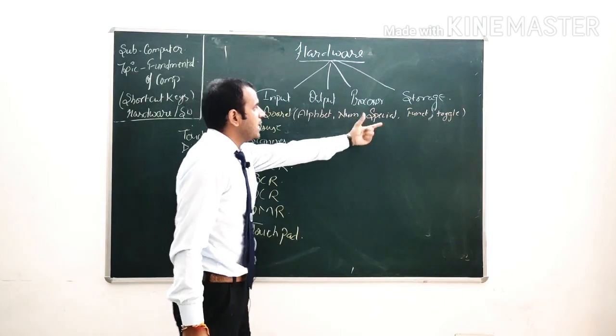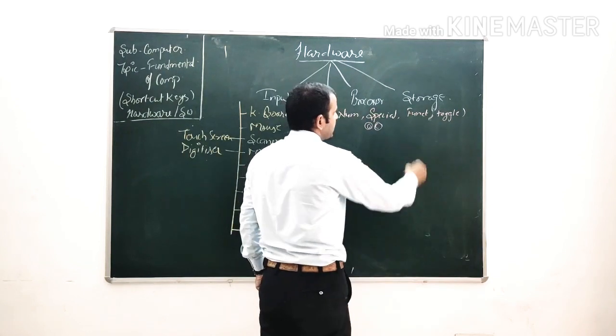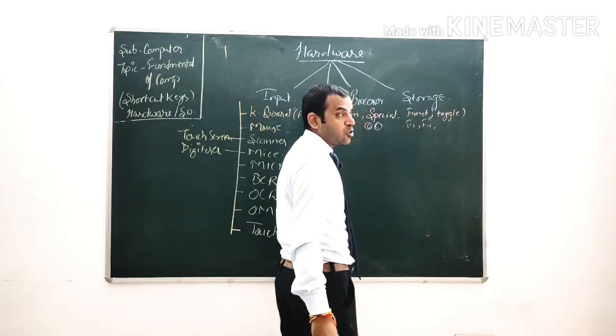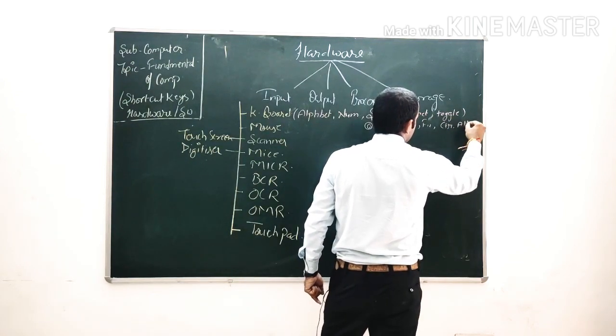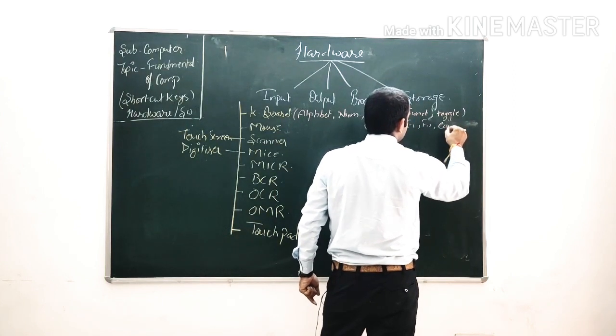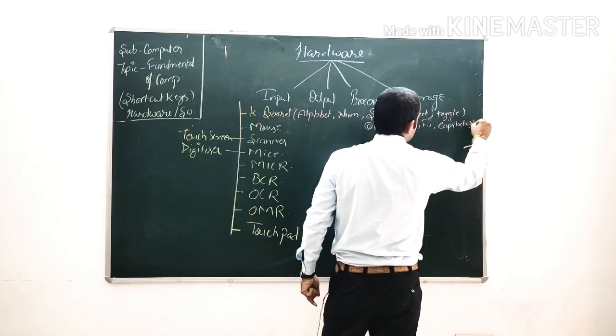Alphanumeric you know very well. Special character means like this, okay. Function keys F1 to F12, these are the function keys. Toggle keys means caps lock and num lock. These are the toggle keys.